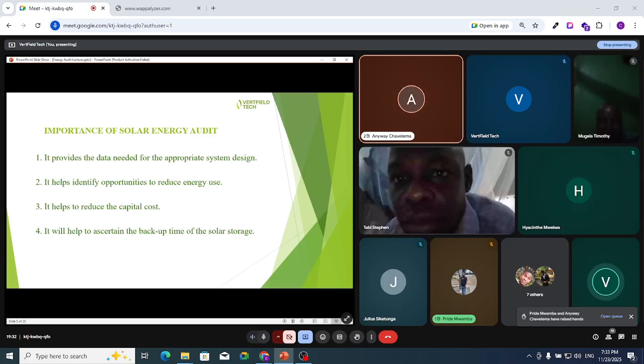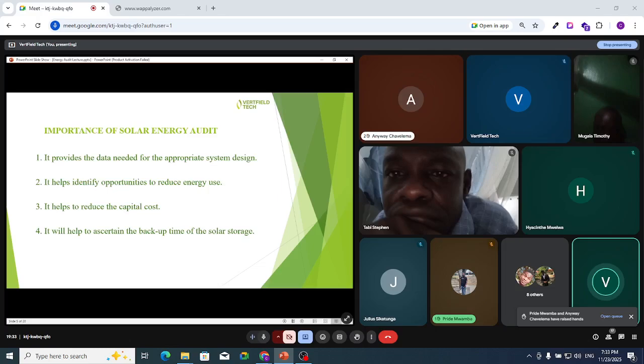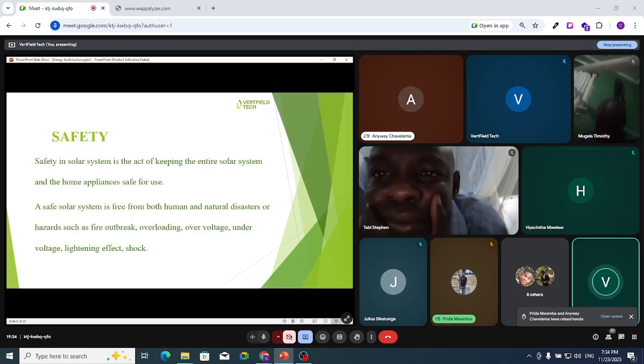Now, this is where we would wrap it up. Okay. Safety. Remember, previously when we were talking about the energy audit, we said that energy audit does basically three things for you, even though it does other things, but the most important things it does for you are three. One, helps you prevent oversizing of your system.